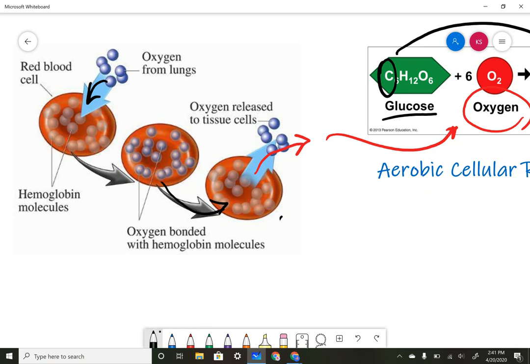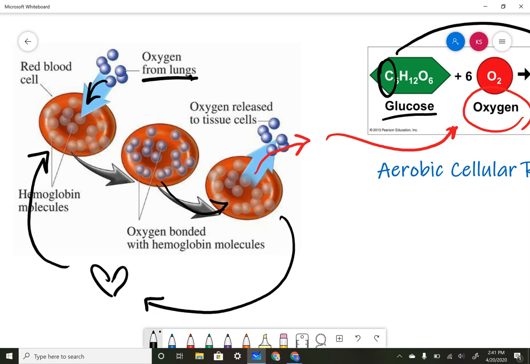And then your circulatory system has to take these red blood cells back to your heart and then back to your lungs so that they can get reoxygenated. So that's the big picture of what you've seen so far today with your circulatory system: this journey of the red blood cells.